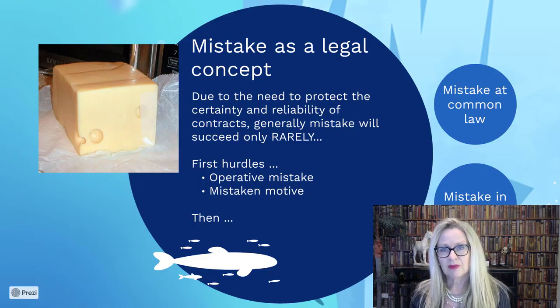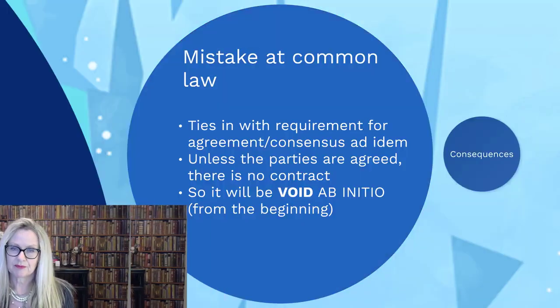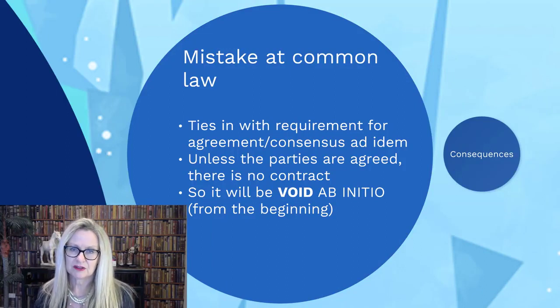Now, that's mistake as a general legal concept. When you're talking about mistake at common law, the argument ties in with the requirement for agreement, parties to be in agreement about the same subject matter. So consensus ad idem, that we learned about earlier on in another video series.